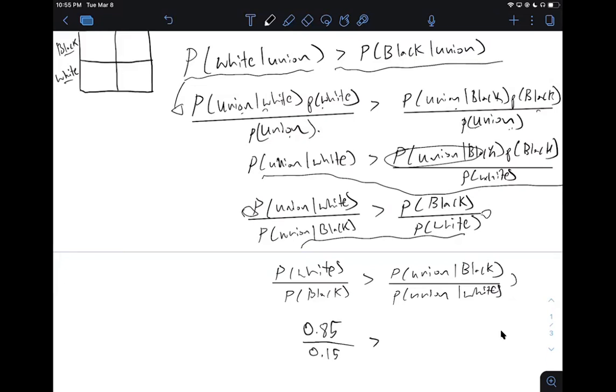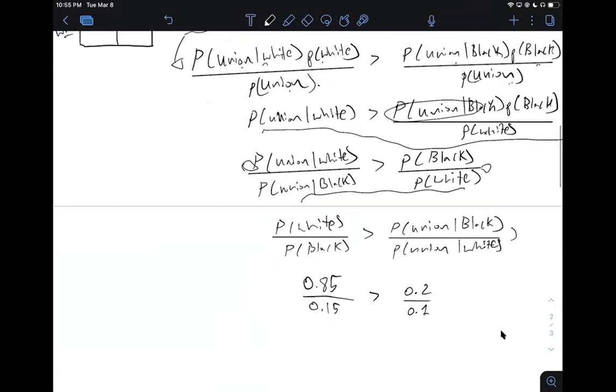So it could be the case that the probability that you're a union member given that you're black, let's make it larger just to stylize it, is 0.2, and let's say this here is 0.1. So this statement is still true using these stylized numbers, because on the left-hand side, this is something near 8, and on the right-hand side, this is, of course, just 2. So this is true. There's still a huge differential here.